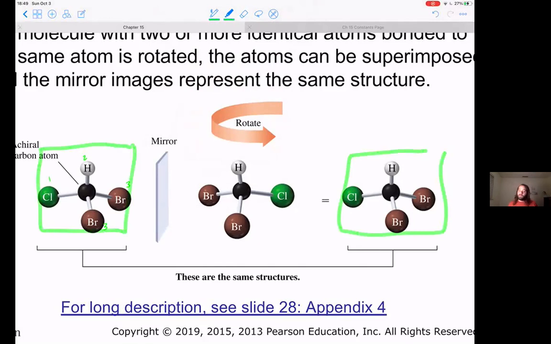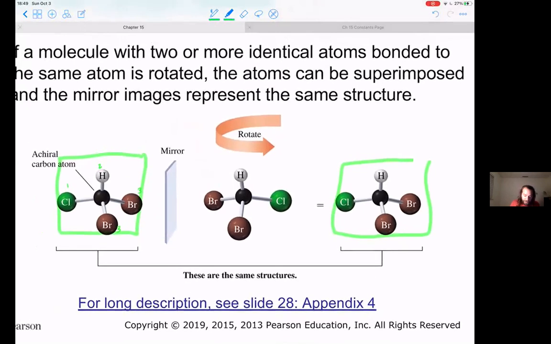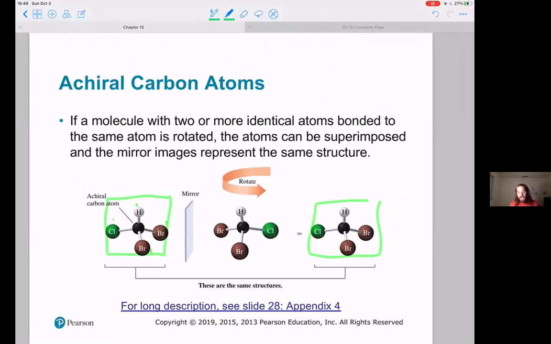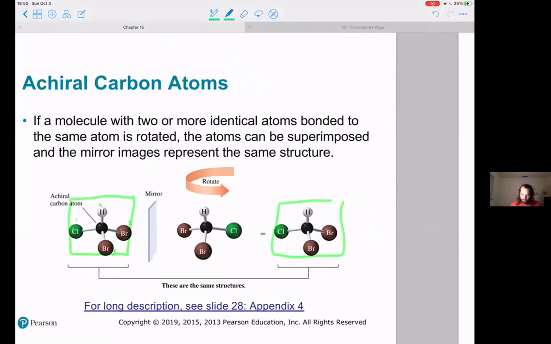The hydrogen's pointed up, the chlorine's pointed to the left, and then you have bromines pointed down and to the right. So this would be an achiral molecule. And again, that was easy to spot because that central carbon is not bound to 4 different groups. Okay, so if it's not chiral, it's achiral.